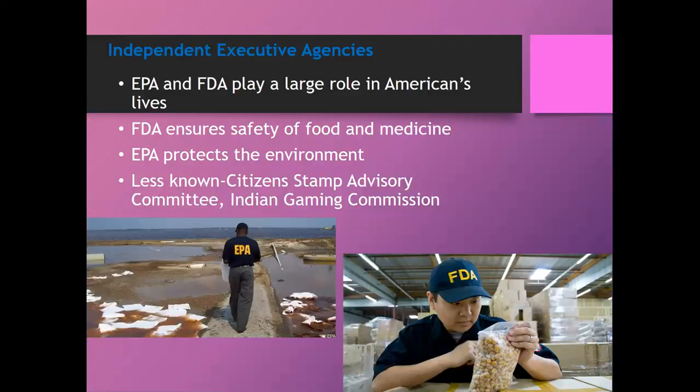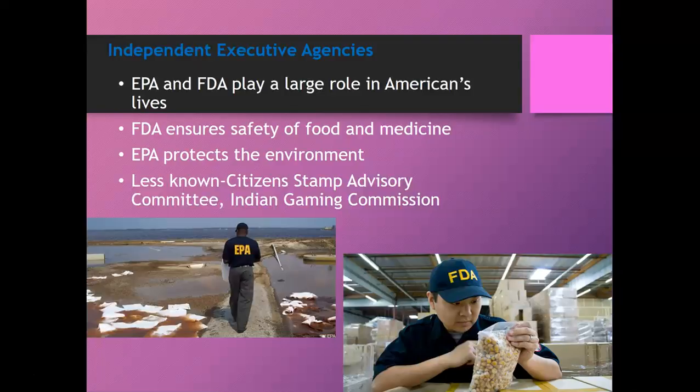Sometimes they have these big reveals where they reveal the new stamp to commemorate somebody's birthday or 100 years since whatever. Like I said, these aren't very known, and you probably haven't heard of them. The Indian Gaming Commission is another example of an independent executive agency.